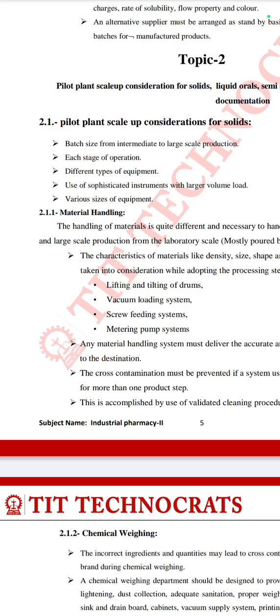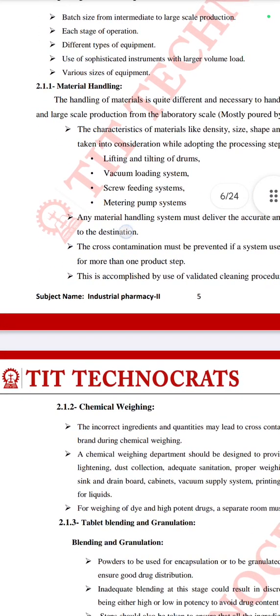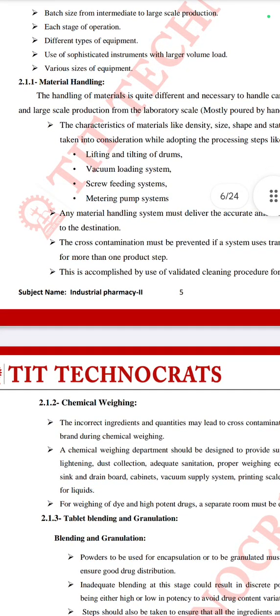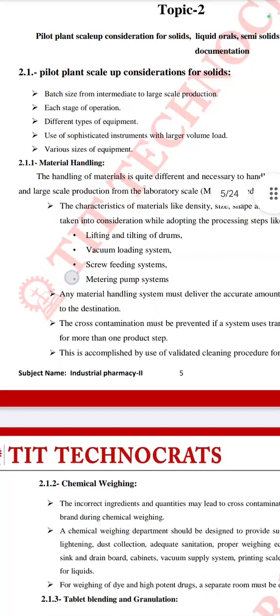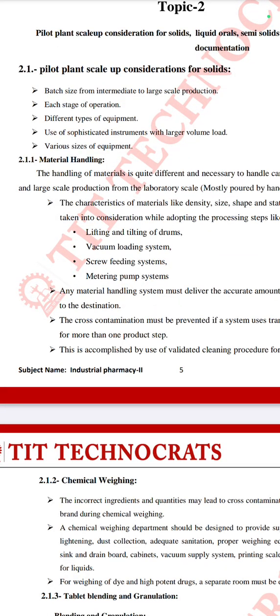So first one is pilot plant scale up consideration for solid dosage form. In solid dosage form, first is batch size and intermediate to large scale production, each stage of operation, different types of equipment used, sophisticated instruments with larger volume load, and material handling. So how will we handle the material in solid preparations?